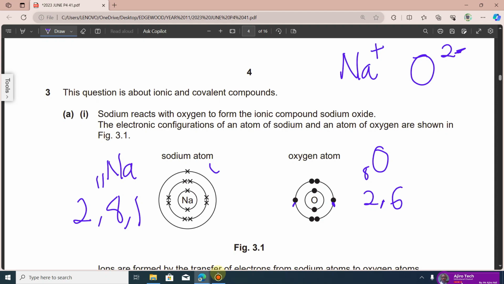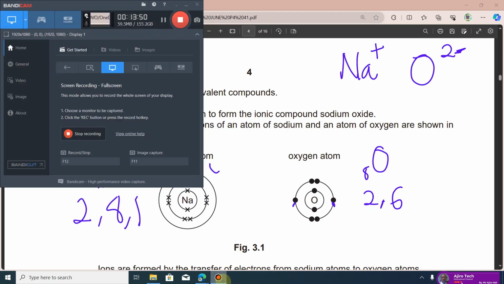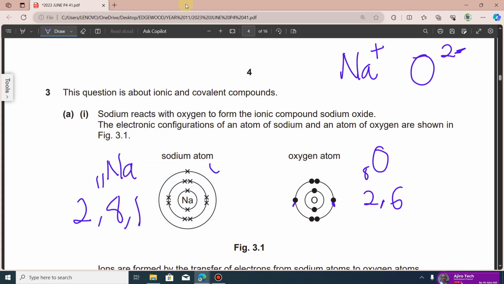Now, from your knowledge of generating chemical formulas, you need to realize that for the formulas to exist, there needs to be an exchange of charge, excluding the sign. It needs to be an exchange of the powers. So the 2 comes down here and the 1 here comes down here.